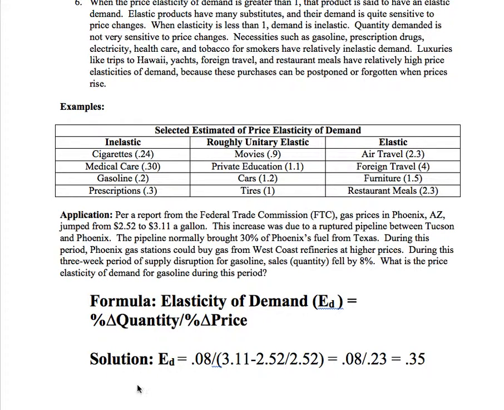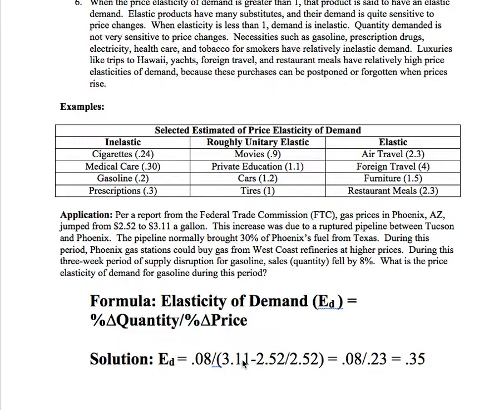Well, in this particular example, or I should say the solution, we know that sales quantity fell by 8%. So, in other words, 0.08, and we're going to divide that by a percentage change in price. Well, we know that the price went from $2.52 to $3.11, so we want to determine the percentage change.